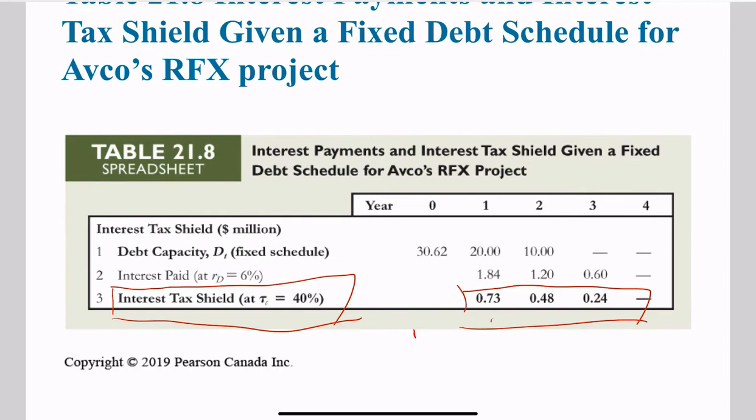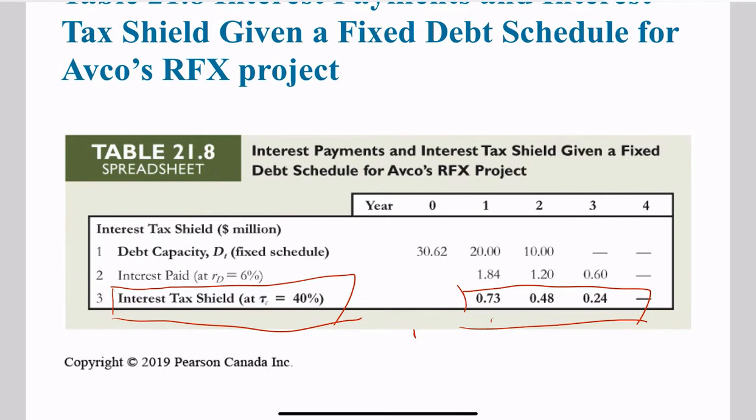Remember that when we assumed the firm maintains a constant debt value ratio, or a constant interest coverage ratio, when using the APV method to discount the interest tax shields, we should use the unlevered cost of capital. However, in this case, you should not use the unlevered cost of capital.